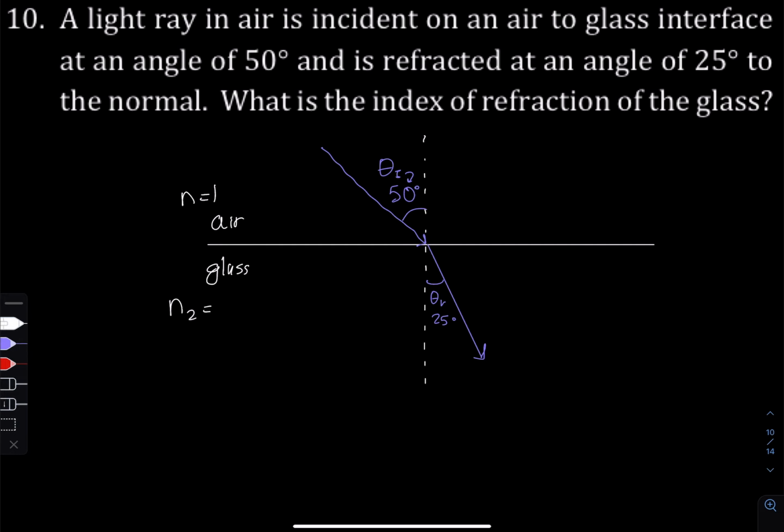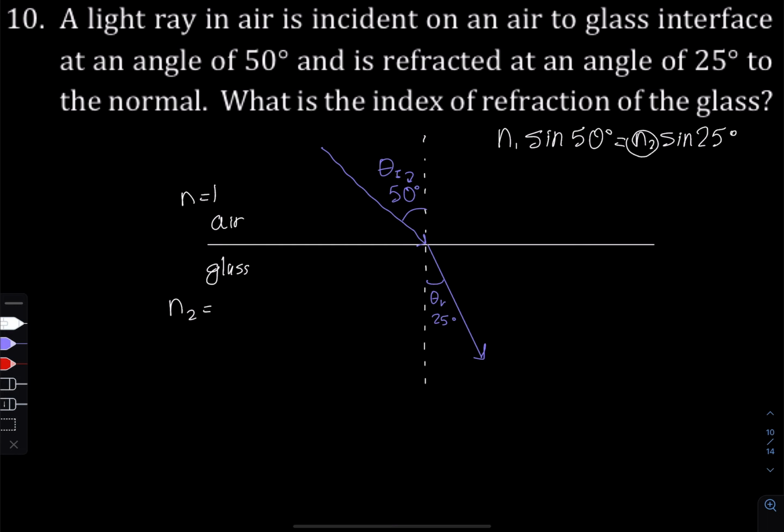So then if we use Snell's law again, which is this equation, where the index of refraction of the substance the light is coming from, times the sine of the angle of incidence, is equal to the index of refraction of the substance the light is going into, times the sine of the angle of refraction, in this case 25.